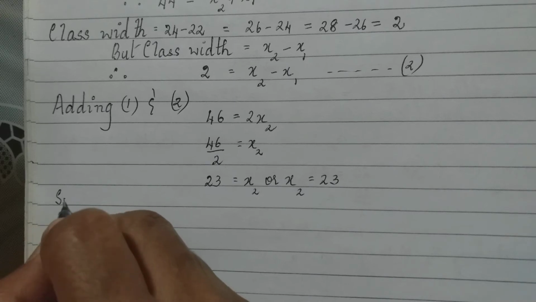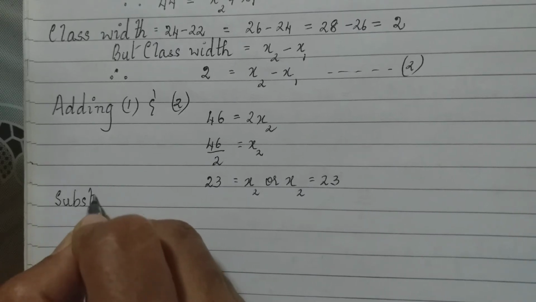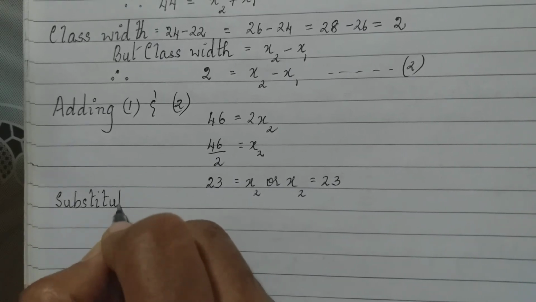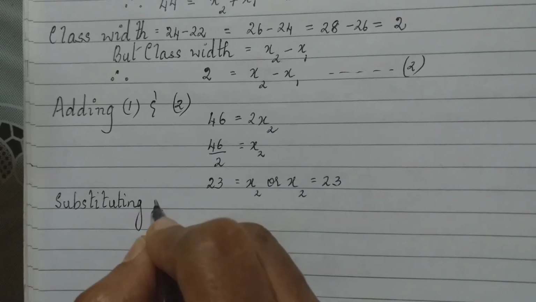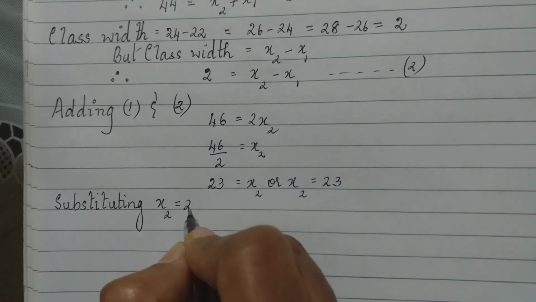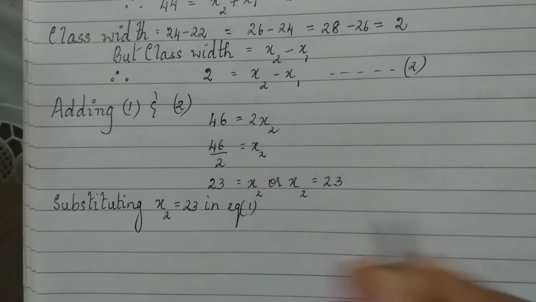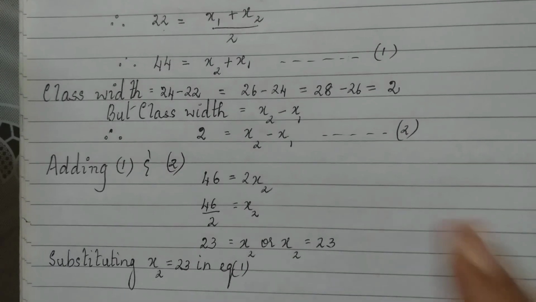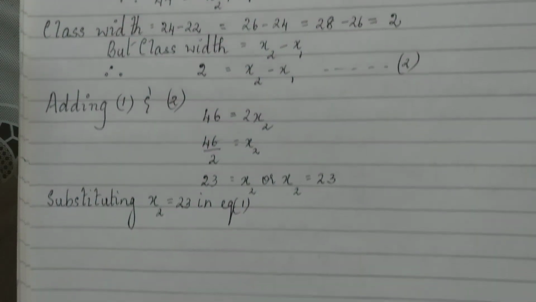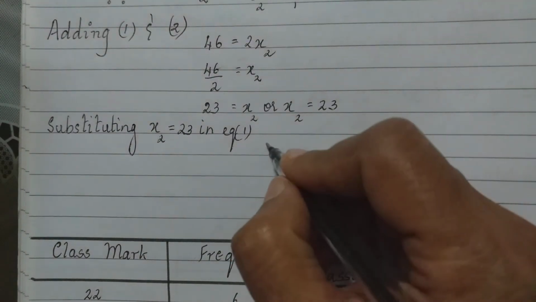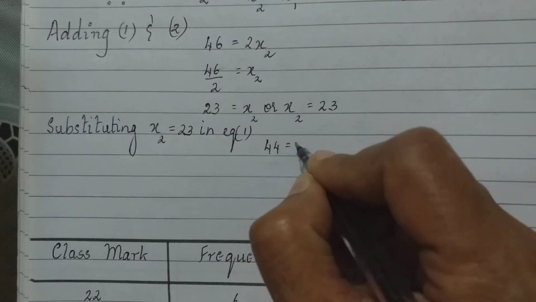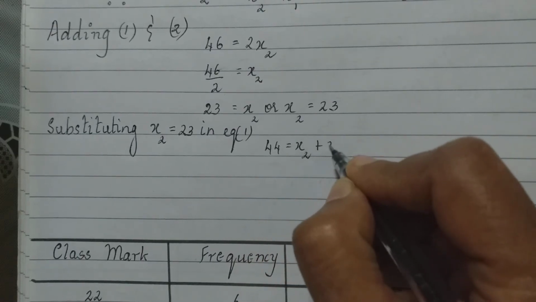So substituting x2 equal to 23 in equation 1. Equation 1 is 44 equal to x2 plus x1.